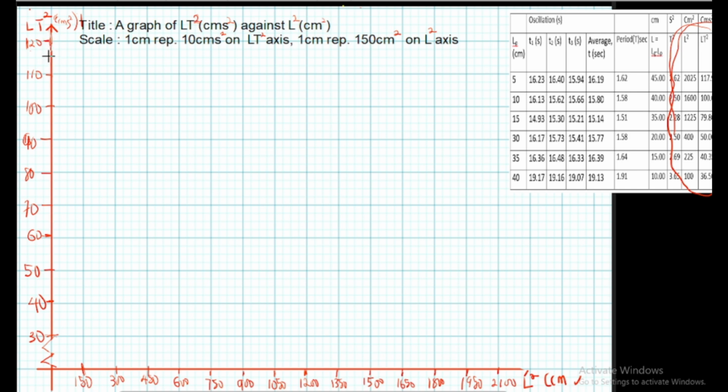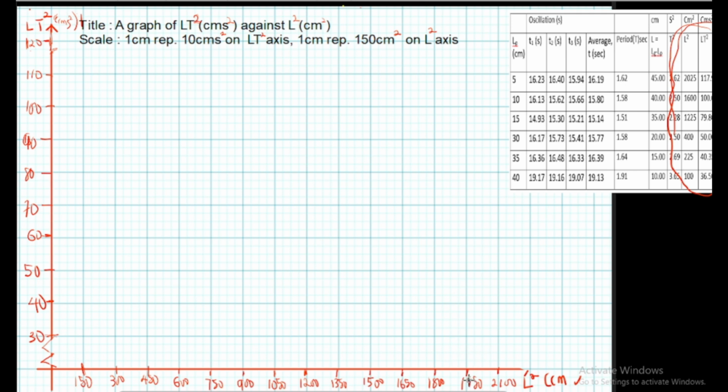So each thin line, 10 divided by 5, will give us 2. So this is like saying 112 and so on. 120 is what we have here. We want to get 117.9, which is approximately 118. So approximately 118 is what we are looking for, and we can choose this point here.